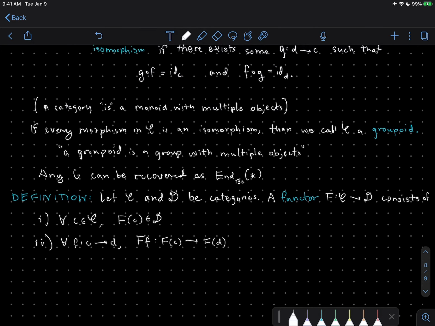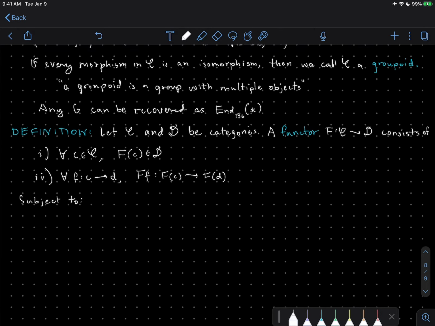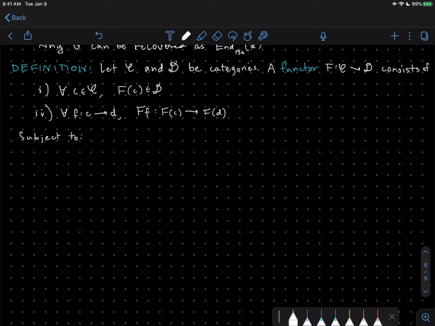Subject to the conditions, well, there are two conditions that we had on a category. One of them was associativity of composition, and one of them was existence of identity morphisms. So that's exactly what we'll want to preserve.